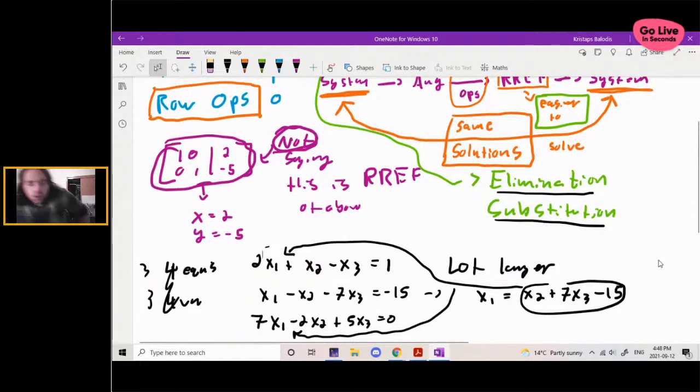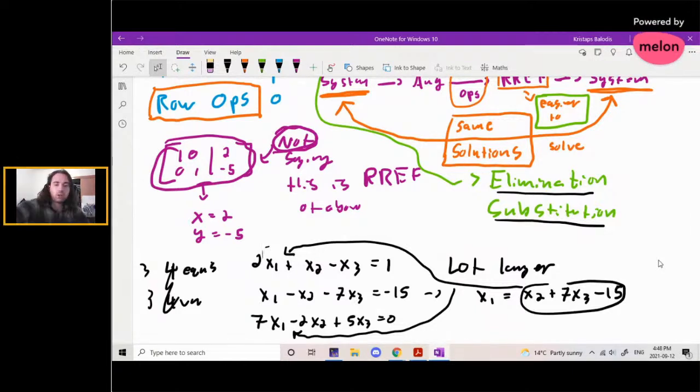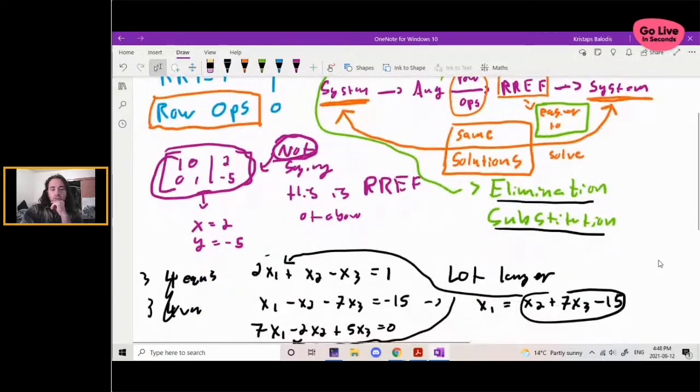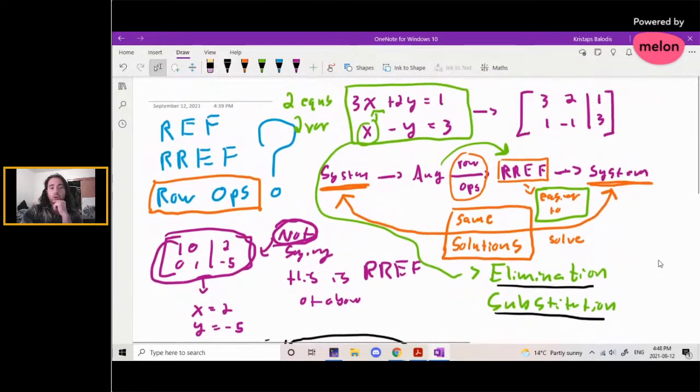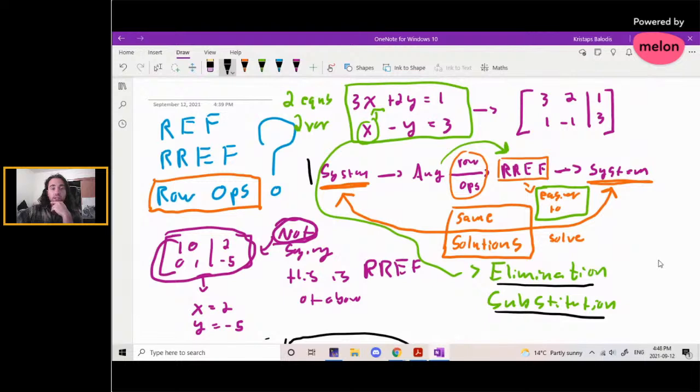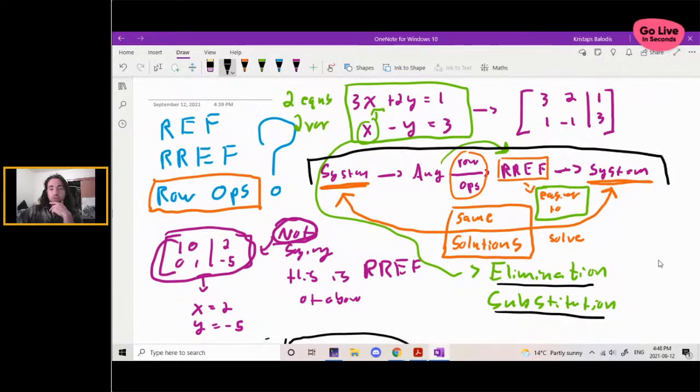Okay. So coming back to our system of equations, and yeah, it's a lot longer. And so the reason is, if we have more variables or more equations than just 2, then really this is, as originally advertised, the easier way to solve a system of equations.